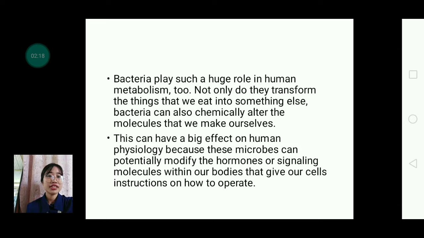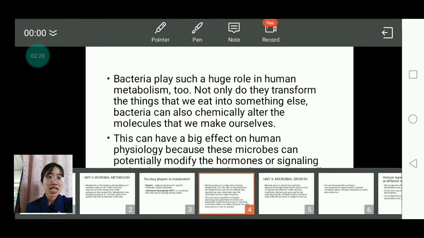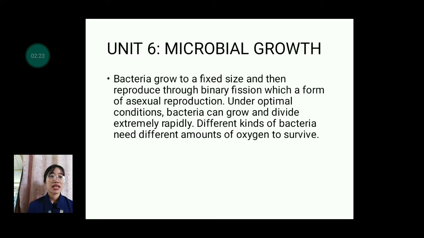Now let's move on. Unit 6, microbial growth. Bacteria grow to a fixed size and then reproduce through binary fission, which is a form of asexual reproduction. Bacteria also have sexual reproduction, not only plants.